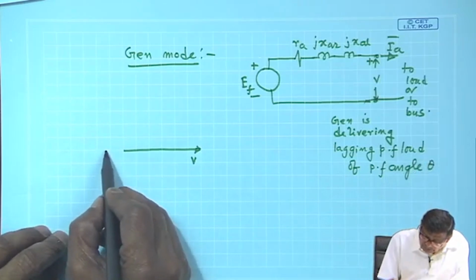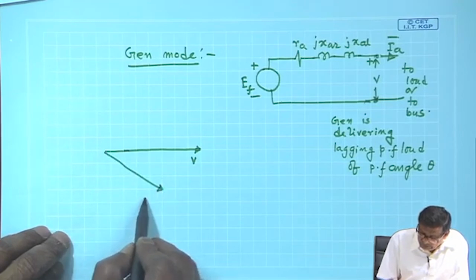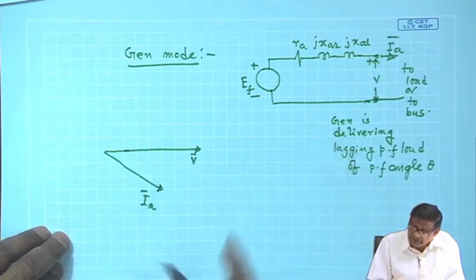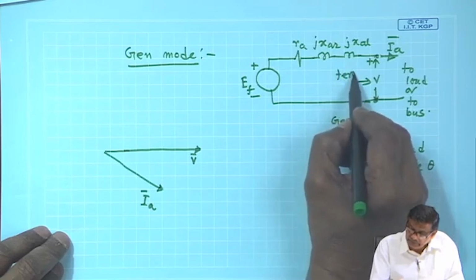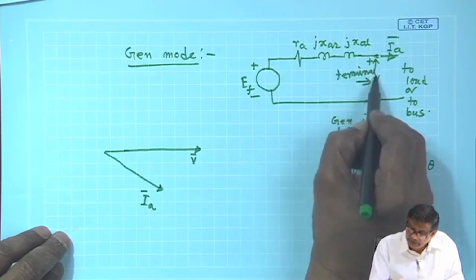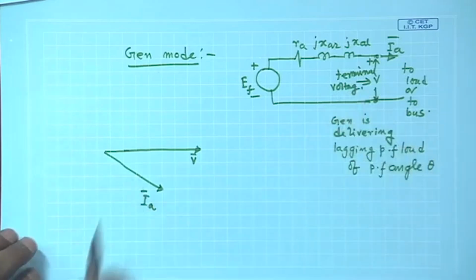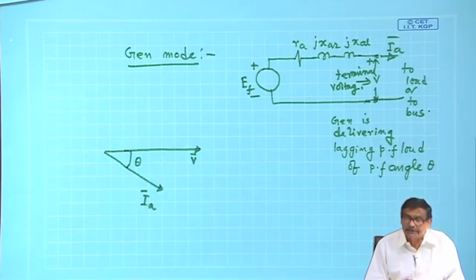Then I must draw my IA here. This will be my armature current IA. This is my terminal voltage V. So, V, and this angle is the power factor angle, because it is the angle between V and IA.